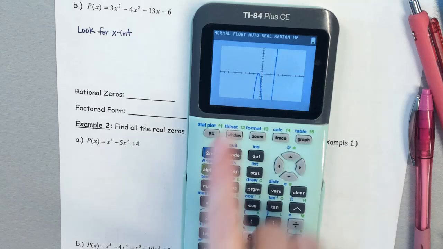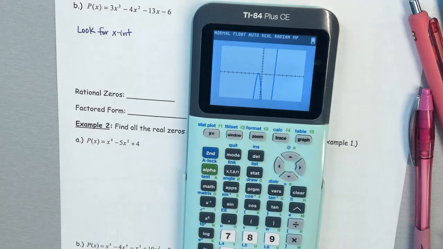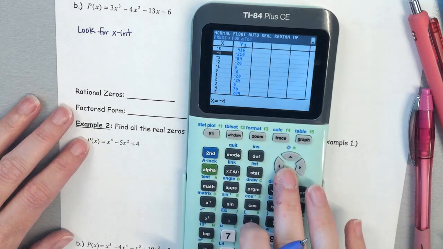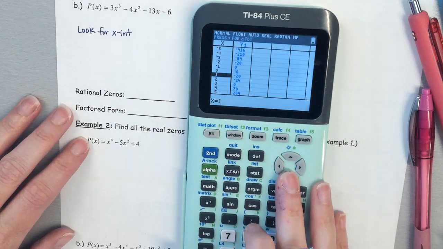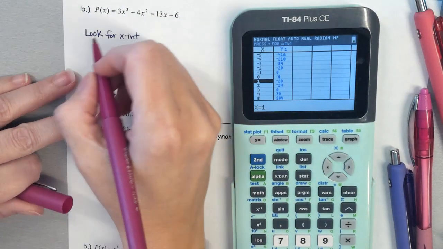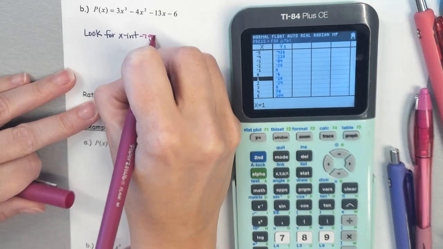Okay, and this is a good one to look for the table because that may be kind of unclear, right? But can you guys see that the 3 is pretty clear? Yeah. Okay, so you could also just start with 3, or you could go to your table. What else is another one from your table? -1. Okay, so you can either look on the graph or table.